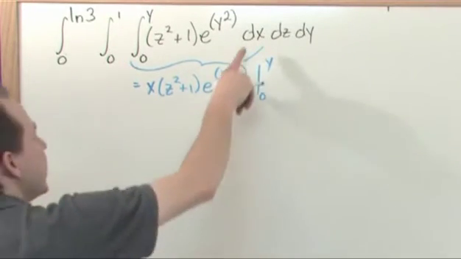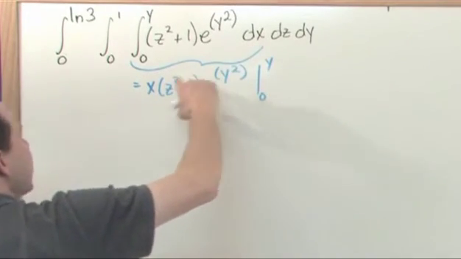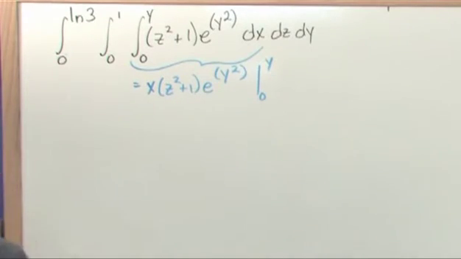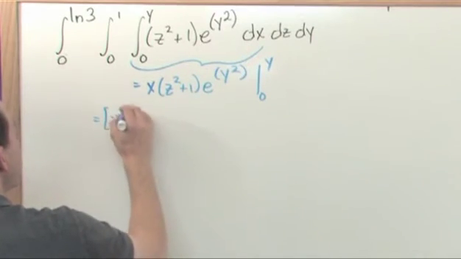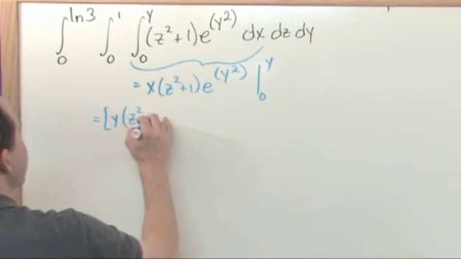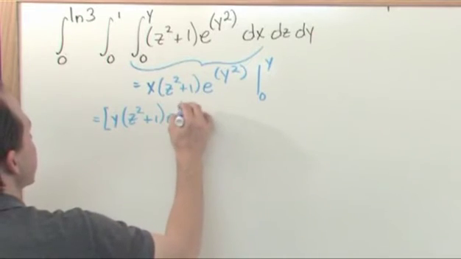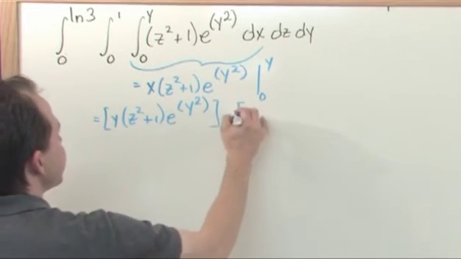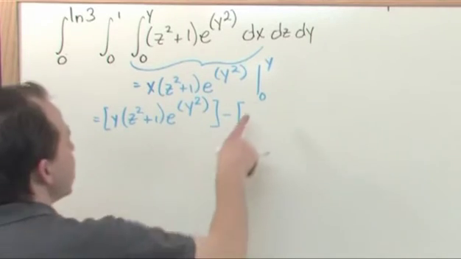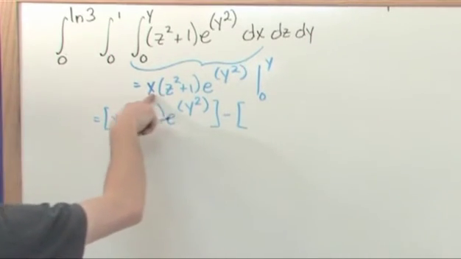Now, I'm integrating along x, so when I evaluate my limits of integration, I'm going to plug them into x here. Plugging y in, I'm going to have y times z squared plus 1 times e to the y squared. That's going to be this, minus, and notice I'm going to plug 0 into this x here.